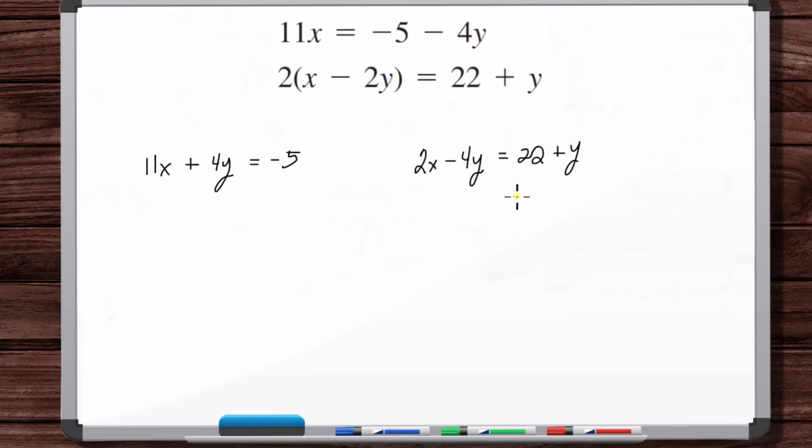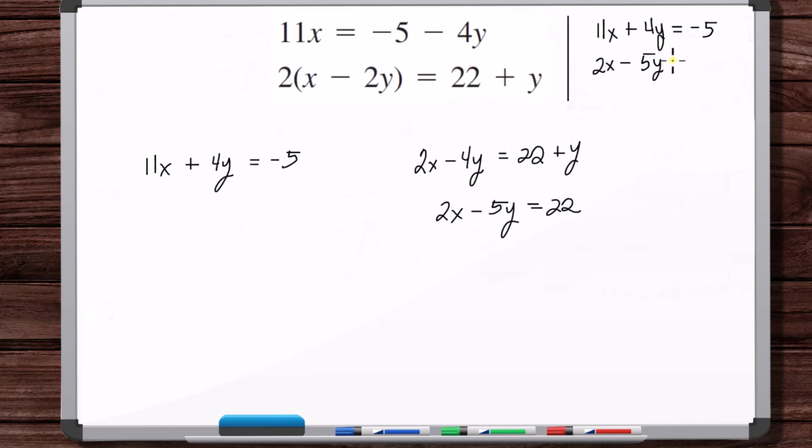All right, so subtracting y from both sides, you have minus 4y minus y is minus 5y is equal to 22. Okay, so we've got 11x plus 4y is equal to minus 5, and 2x minus 5y is equal to 22.